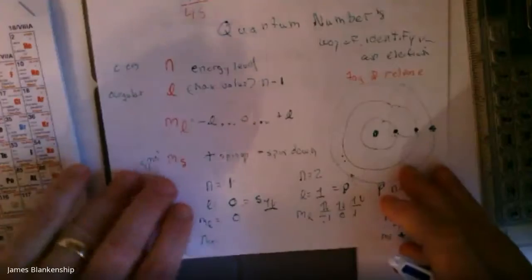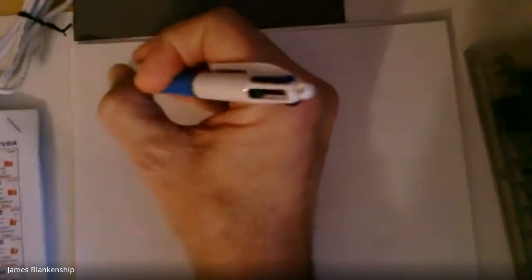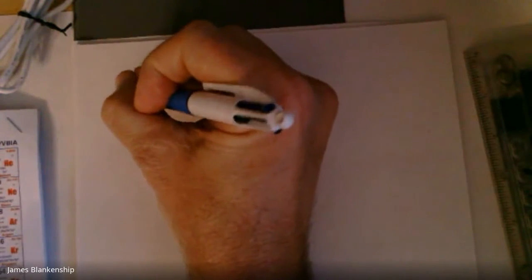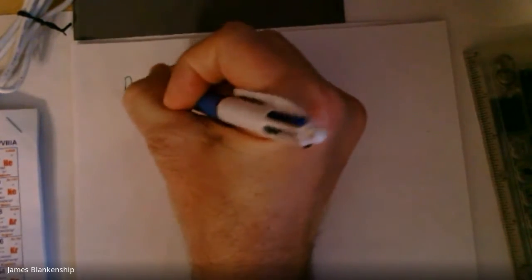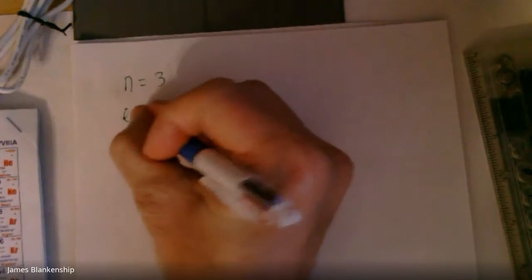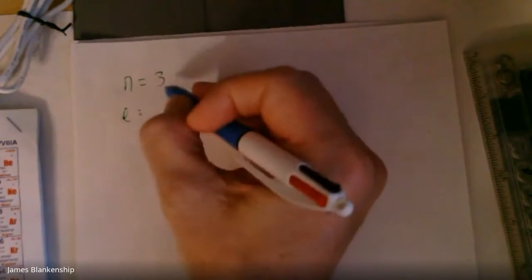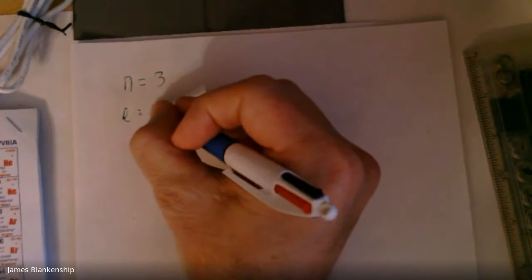Let me show you what happens with the D. Let's say we have N equals 3. Now our maximum L value for that could be, we could have 2, 1, or 0.